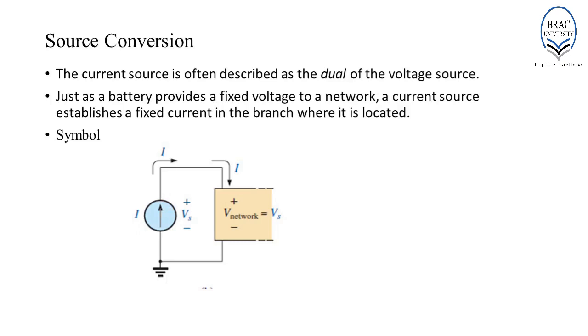The current source is often described as the dual of the voltage source. Just as a battery provides a fixed voltage to a network, a current source establishes a fixed current in the branch where it is located.